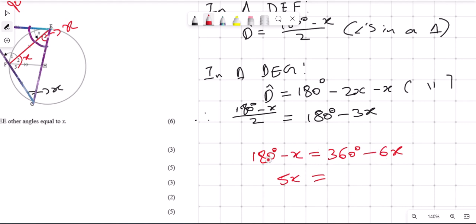Then 360 minus 180 is 180 degrees. Then x is equal to what? 36. That's correct.